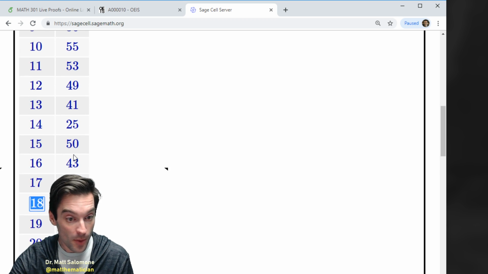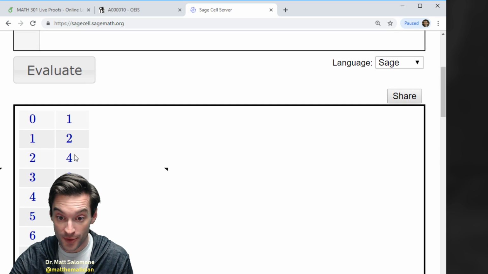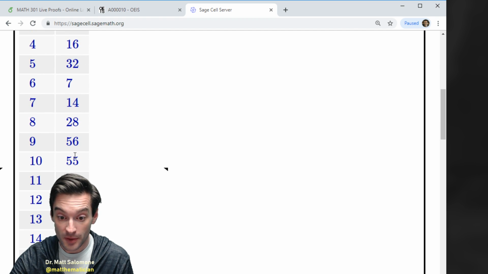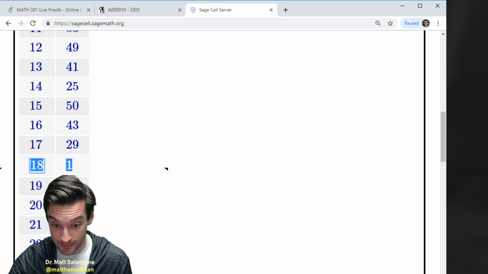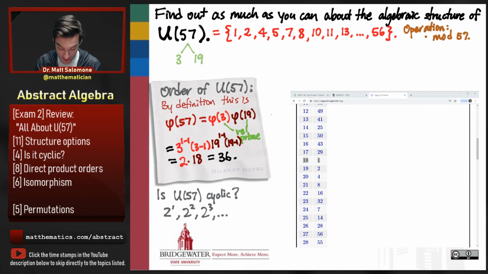But there's no smaller power of 2, other than the 0th power, of course, that does so. So this little calculation shows me that the order of the element 2 in U57 is actually 18.